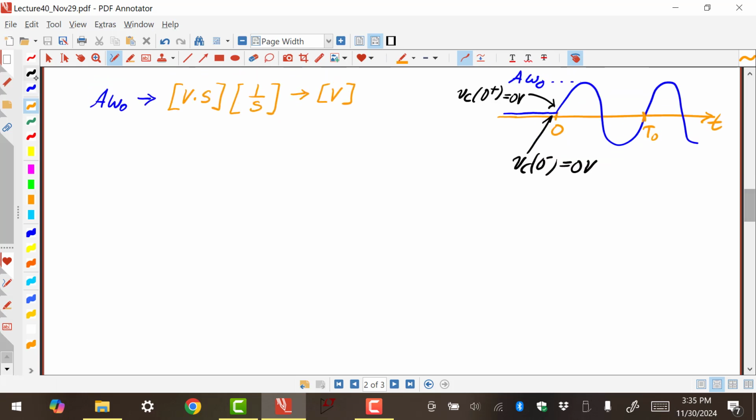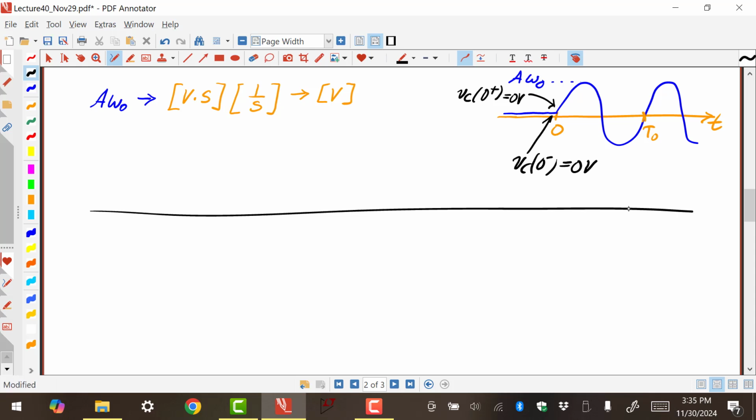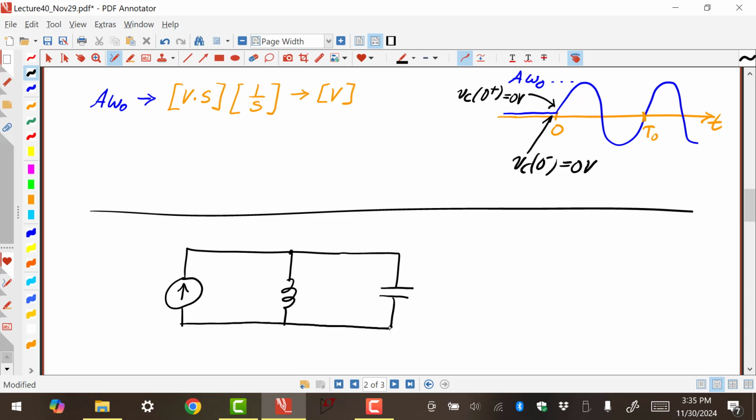So the question is this: suppose I have a current source, and I have an inductor and a capacitor. It's still an LC circuit. No losses. So here's the L, here's the C.